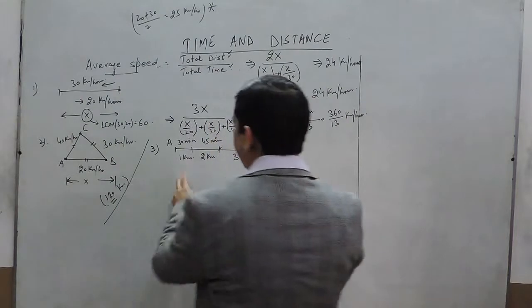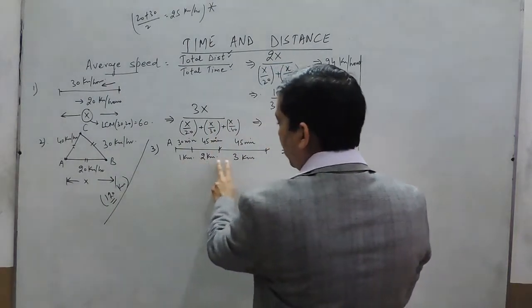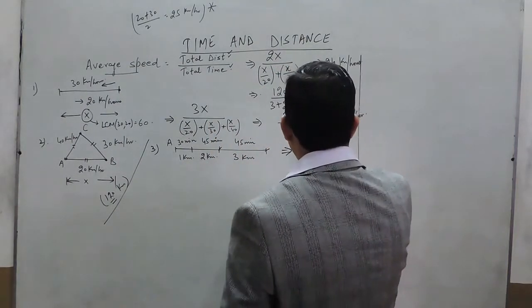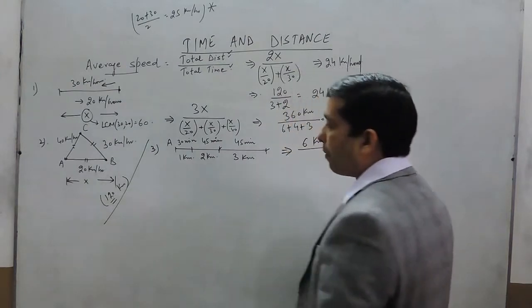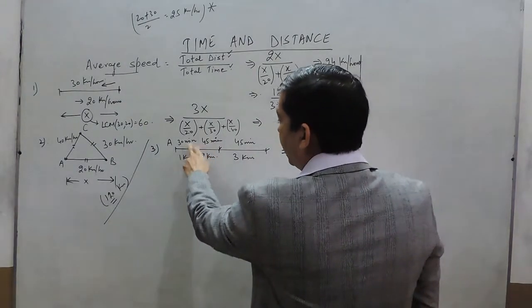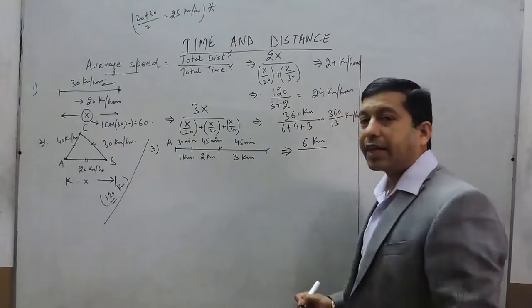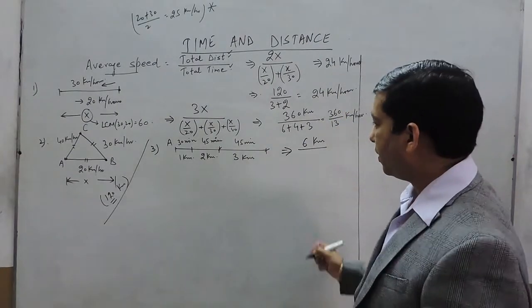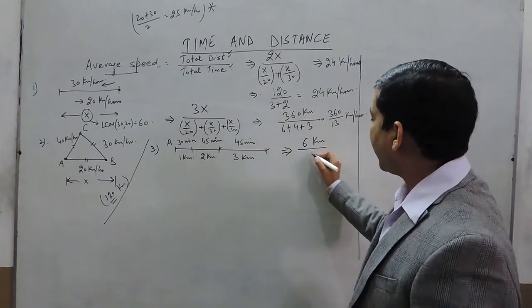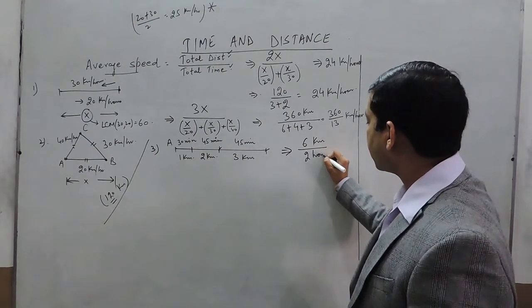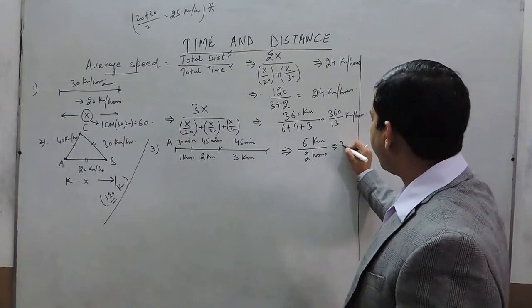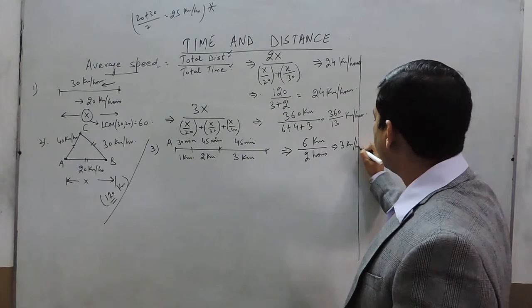Here the total distance will be 1 kilometer plus 2 kilometers plus 3 kilometers, that is 6 kilometers, upon the total time, 30 plus 45 plus 45, which comes out to be 120 minutes, and this 120 minutes we can say is 2 hours. So here the average speed will become 3 km per hour.